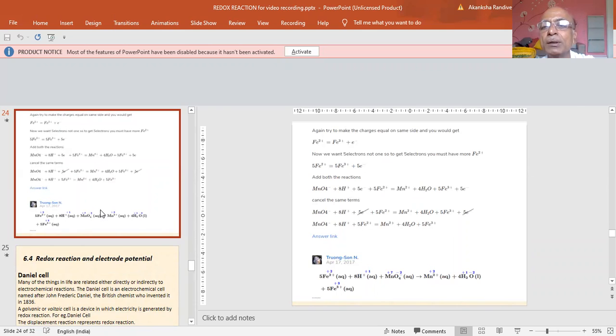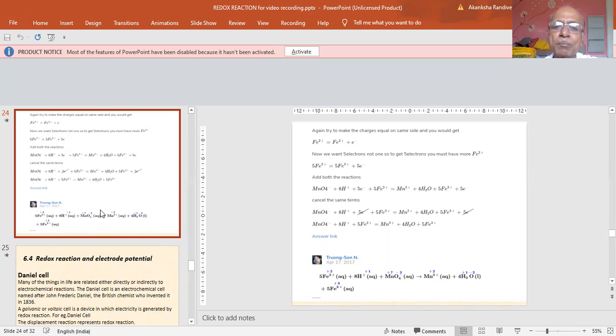So to get 5 electrons, you must have more Fe2 plus, and therefore 5 Fe2 plus gives 5 Fe3 plus plus 5 electrons. Now add both the reactions. MnO4 minus plus 8 H plus plus 5 electrons plus 5 Fe2 plus gives Mn2 plus plus 4 H2O plus 5 Fe3 plus plus 5 electrons.